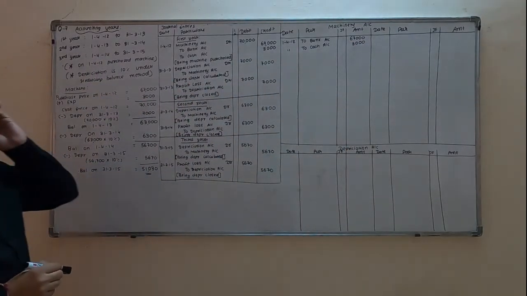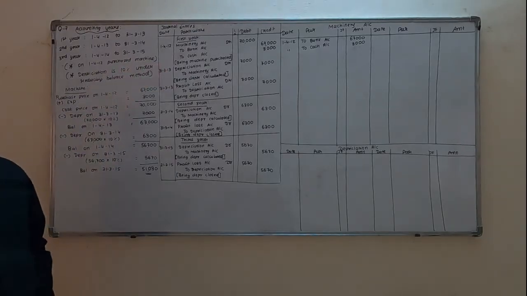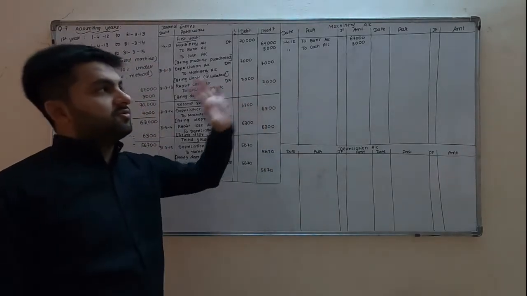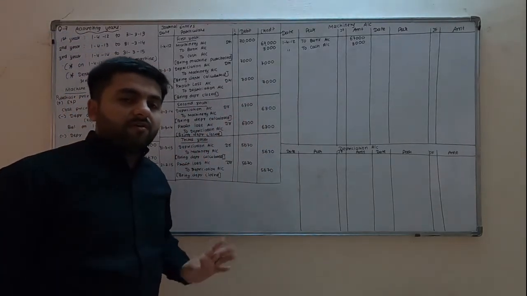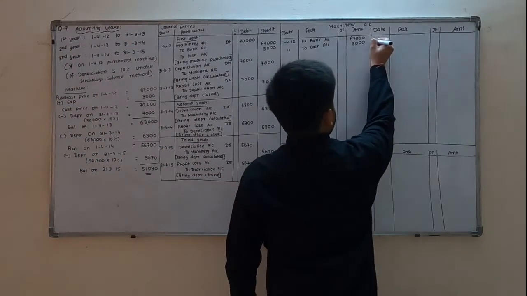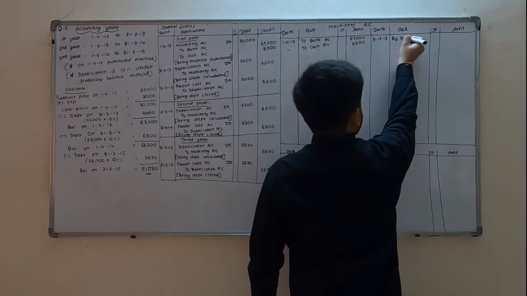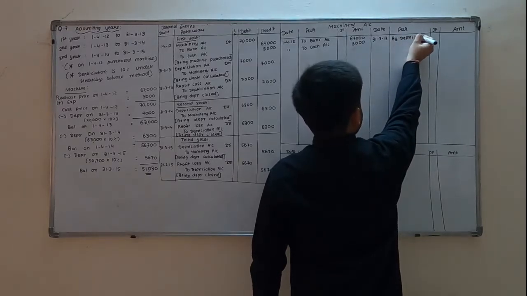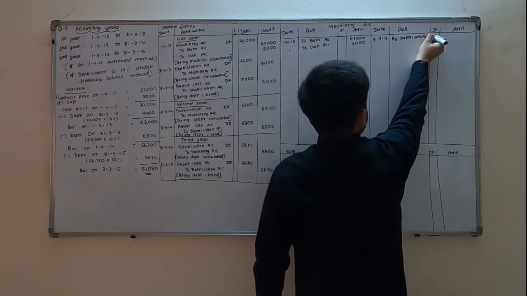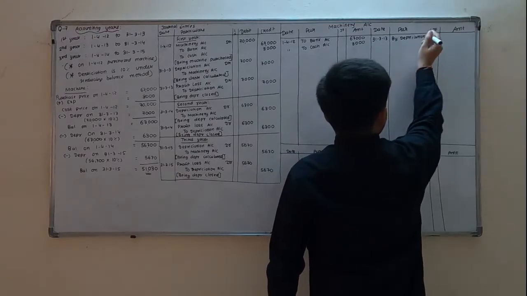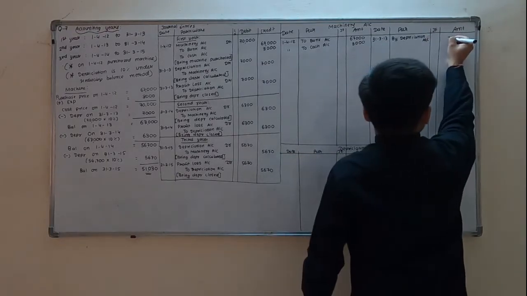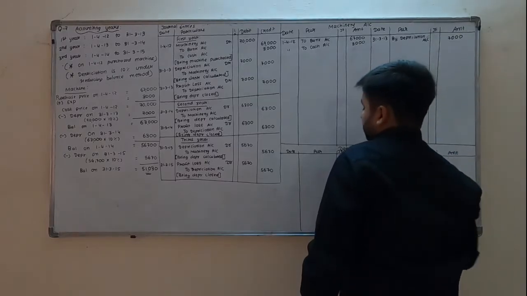Now in the first year nothing else is done, only depreciation is calculated. You can see the journal entry, or you should know that depreciation will always be credited. So on 31/3/13 by depreciation account, as depreciation is debited, machinery is credited. By depreciation account, amount for first year of depreciation 7,000.